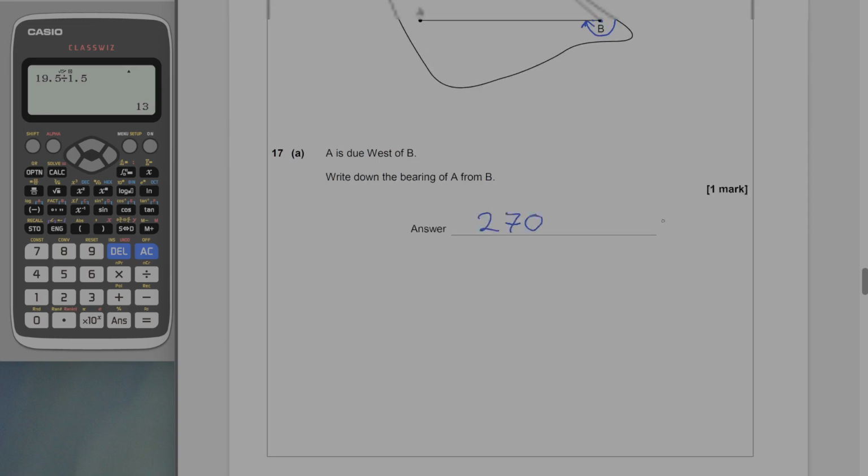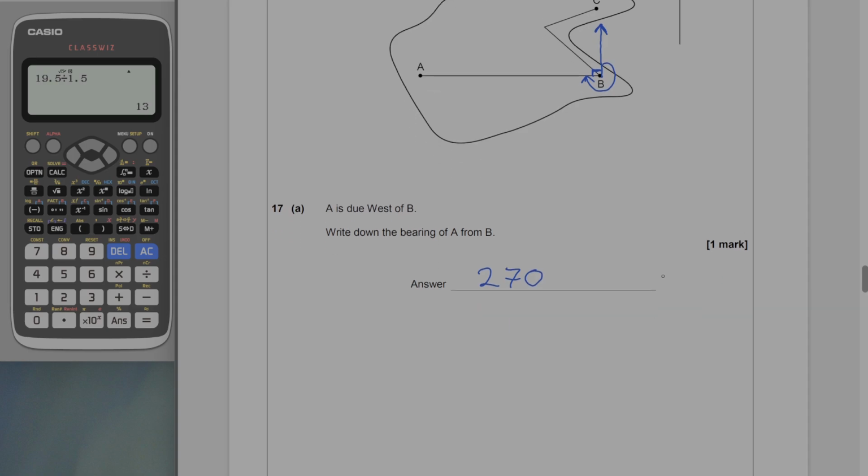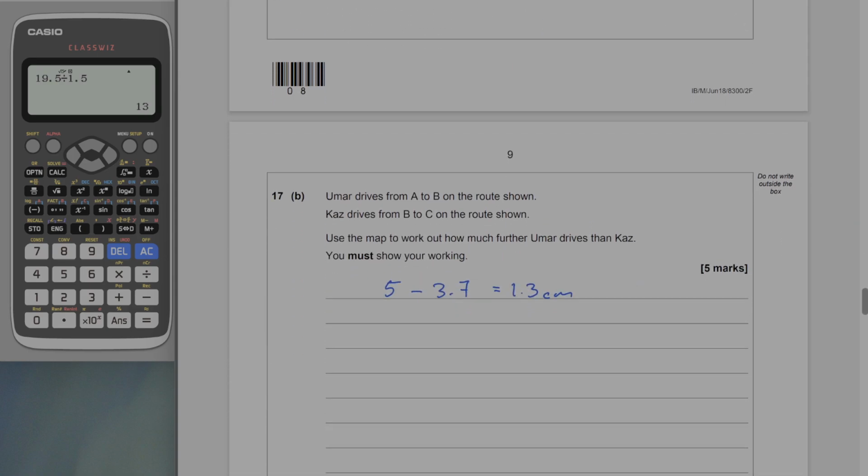And then I've got a scale of 200 kilometers represents 1 centimeter. So I need to times 1.3 by 200. So for me, that's 1.3 times 200, so 260 kilometers.